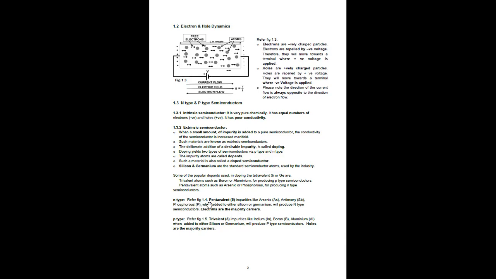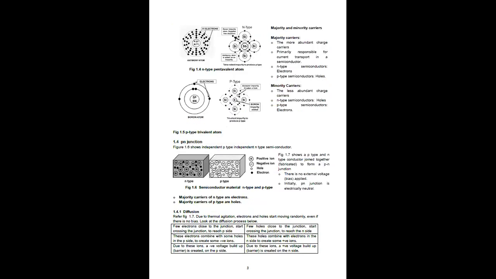It means one is extra. This extra electron for each atom will act as the conduction particle. So in N type the electrons are the majority carriers, and in P type the holes are the majority carriers.